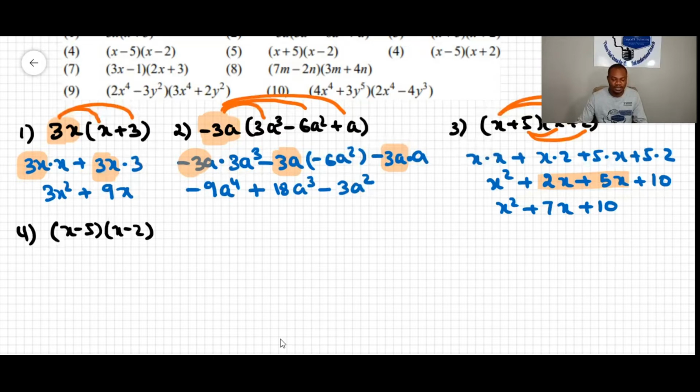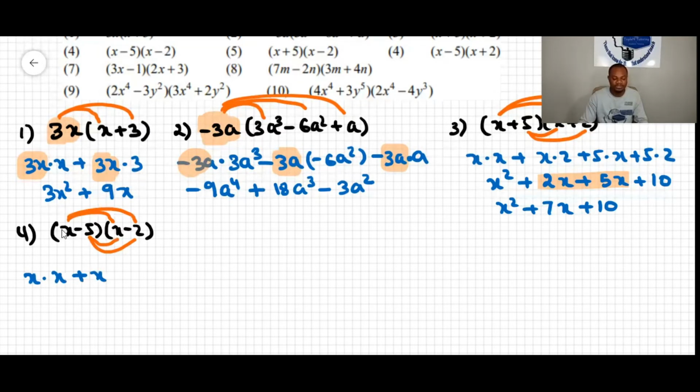We're going to do x times x, and x times negative 2, negative 5 times x, negative 5 times 2. So this will be x times x, and then x times -2. So plus x, I put plus because x was positive here.